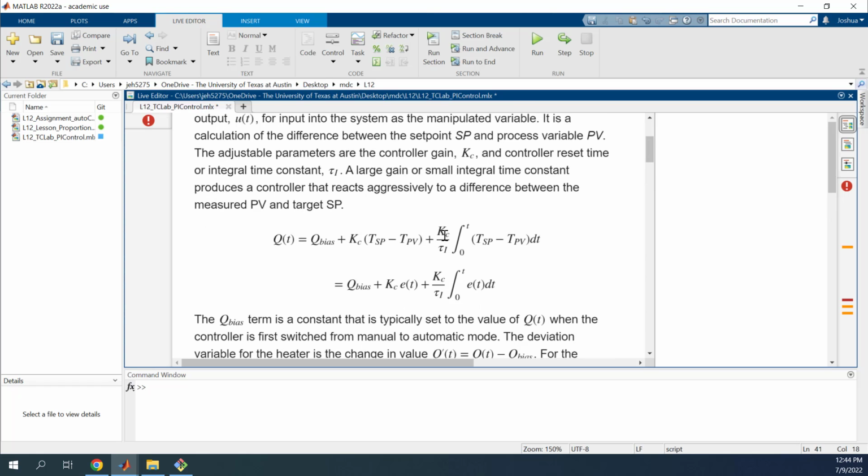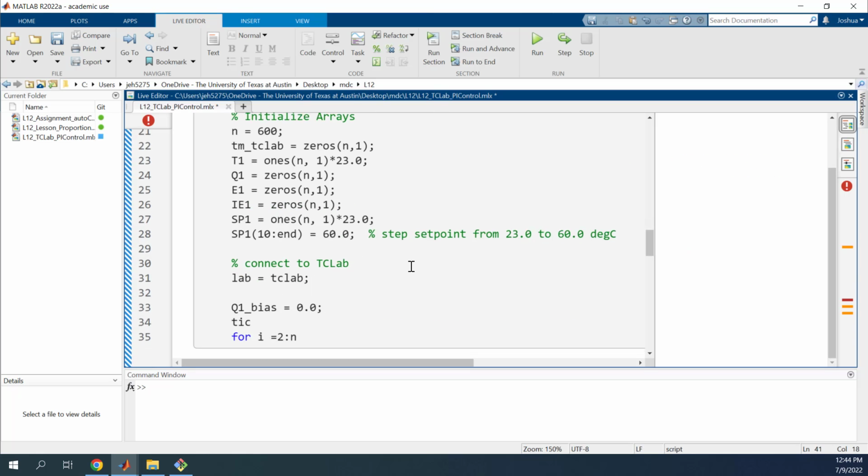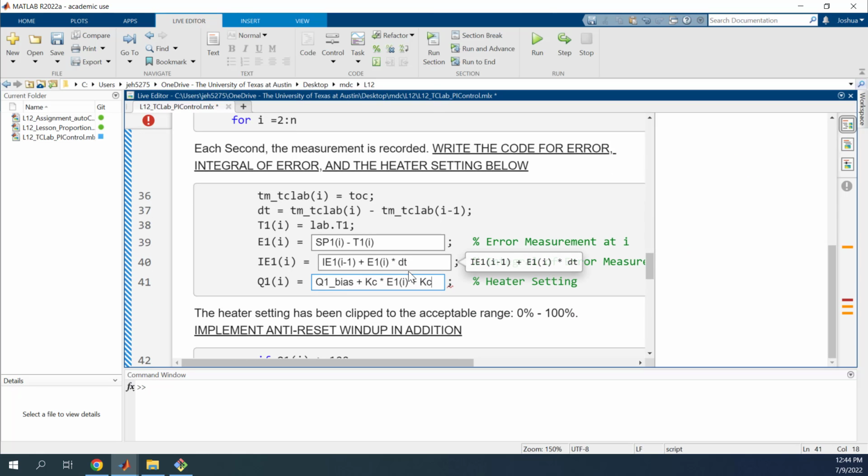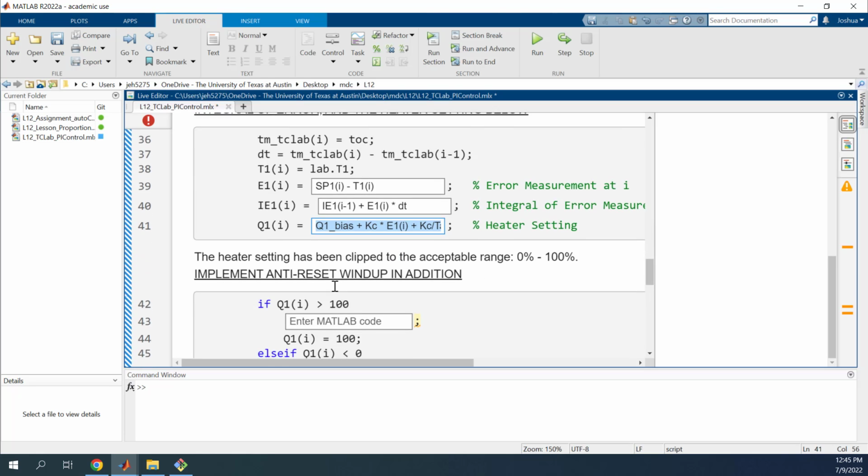Let's go ahead, this is how I'd think through. Just look at the equation each time, Kc divided by tau I, times the integral of error. And there you have it. That should be our heater setting.